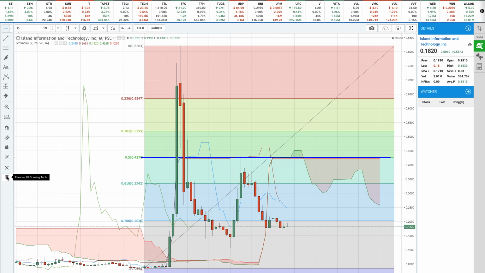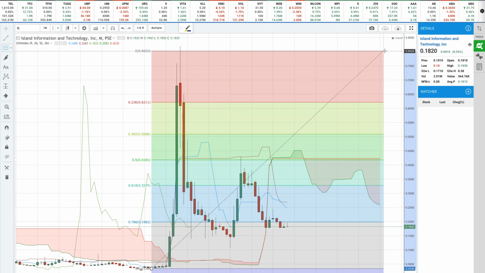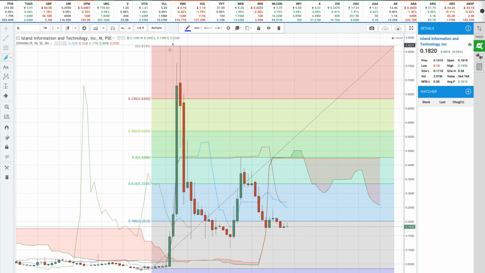So you can draw Fibonacci levels both ways. You can draw it this way if you want to find where price might bounce. For example, you're at this high at this area. You want to find where to pick up IS. You use Fibonacci levels to find out where it might bounce.